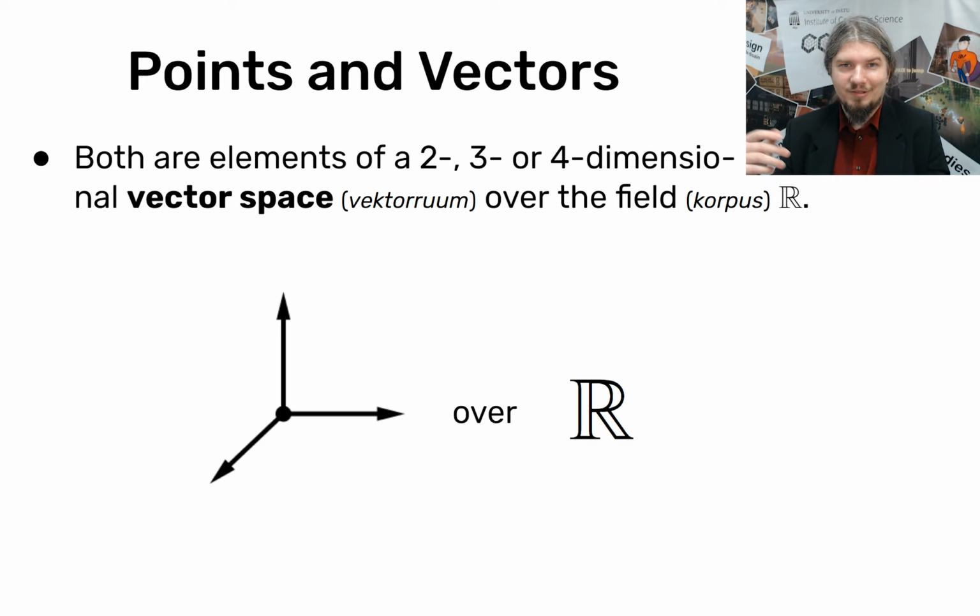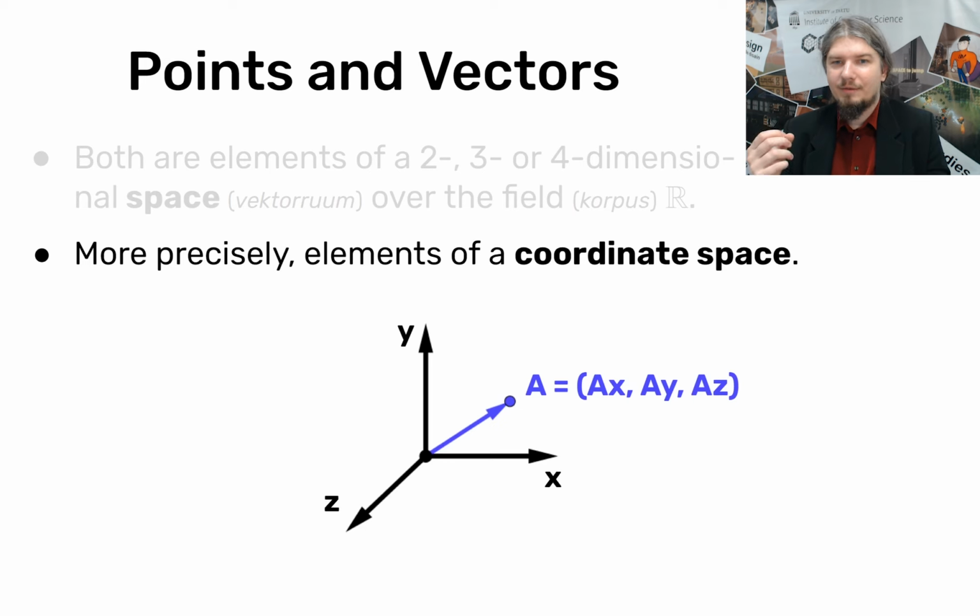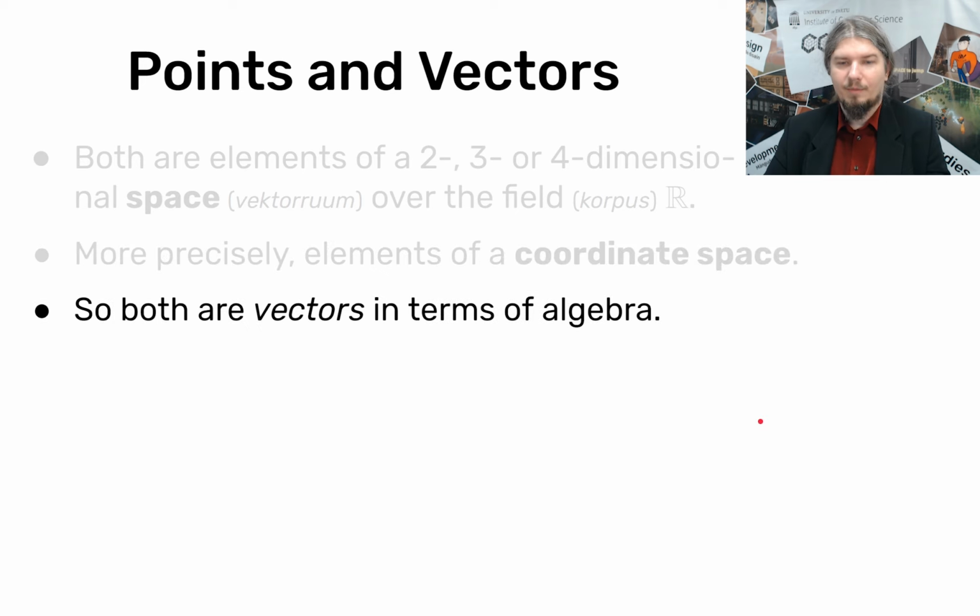In linear algebra, you could have a vector space over different fields as well, but here we'll try to keep things simple. More precisely, we could say that they're elements of a coordinate space, because these elements have coordinates: an x coordinate, y coordinate, and z coordinate.